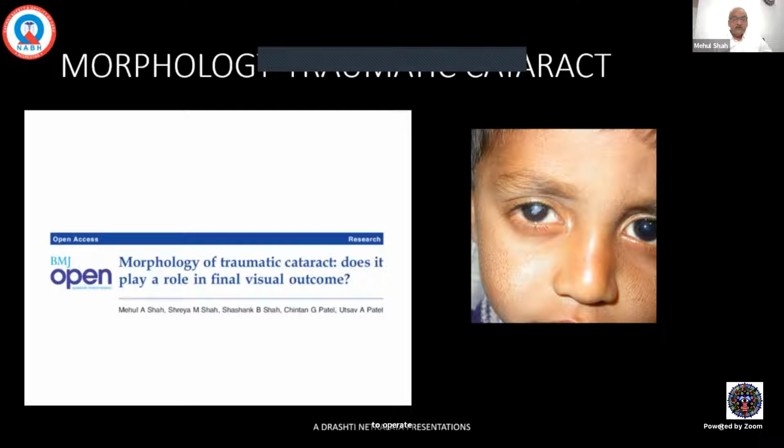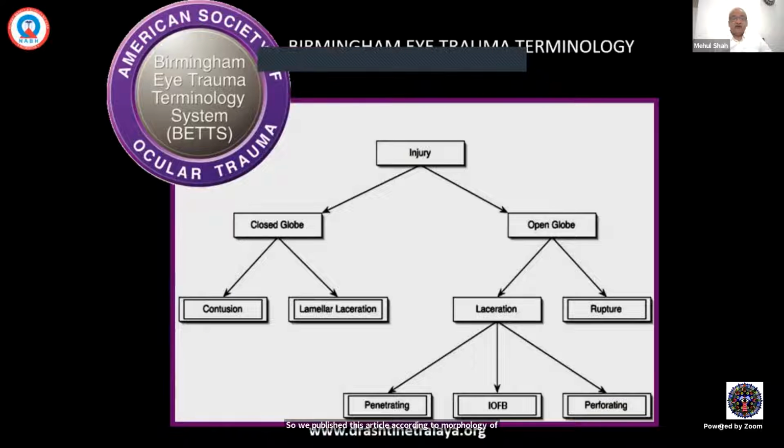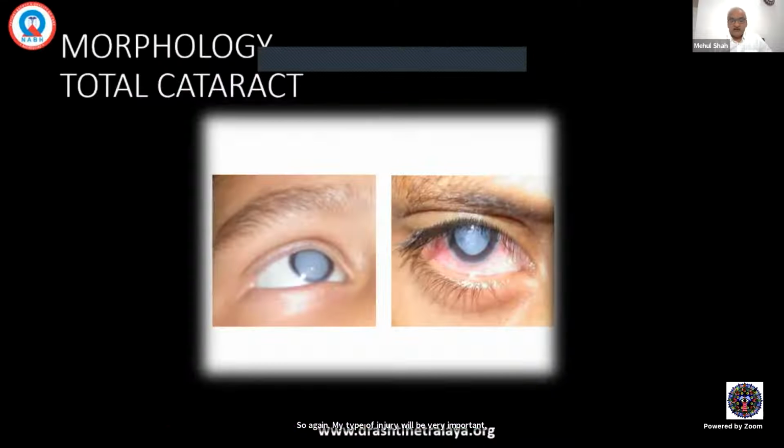So we published this article: does the morphology of traumatic cataract play an important role in final visual outcome? Again, the type of injury is very important, because morphologies of open globe injury are different from closed globe injuries. With closed globe, we may find total cataract, which normally does not occur with open globe injury.